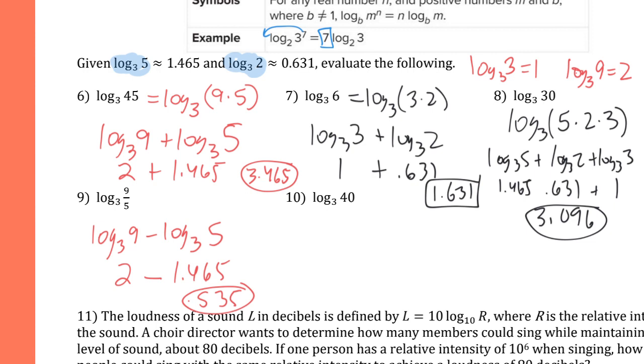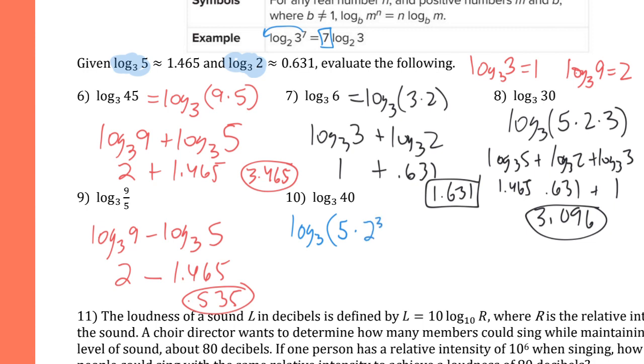Log base 3 of 40. Well, 8 times 5 is 40. And so we're like, how do you get 8 out of this situation? Well, let's try it. Log base 3 of 8 times 5, right? Well, 8 is too cute. You're like, okay, this is crazy. It is.